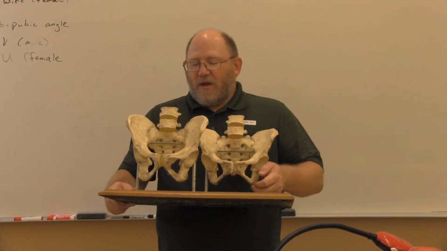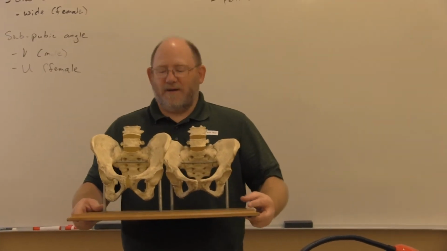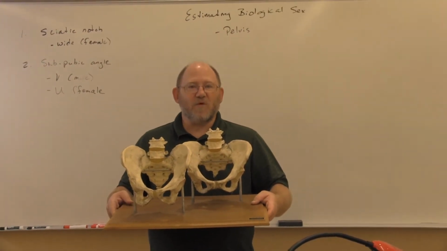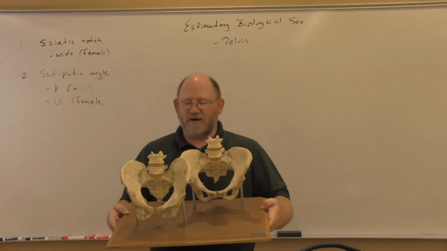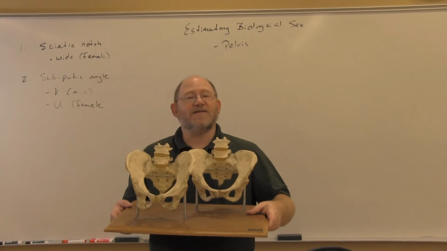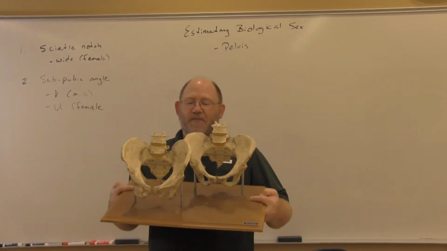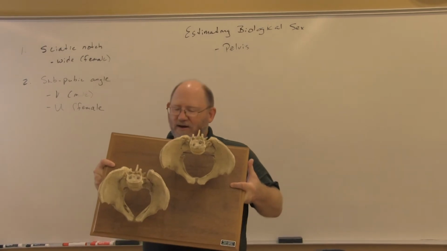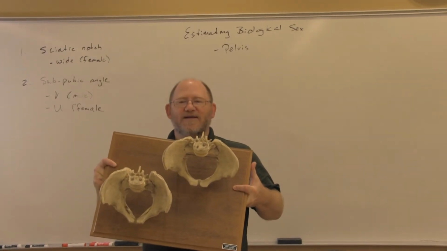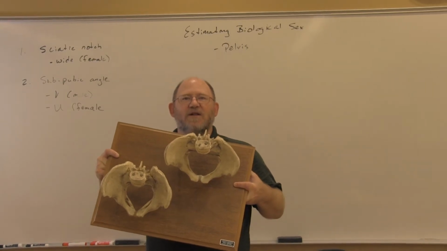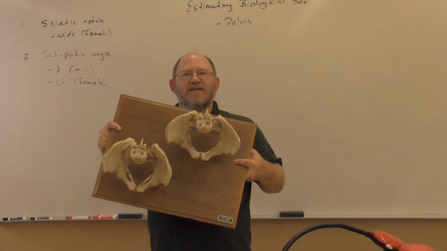All right. So for the third one, I will use a characteristic that requires the entire pelvic girdle, and that trait is called the pelvic inlet. And so what we will look at is, what does the opening of the pelvis look like? And hopefully you can see this okay.